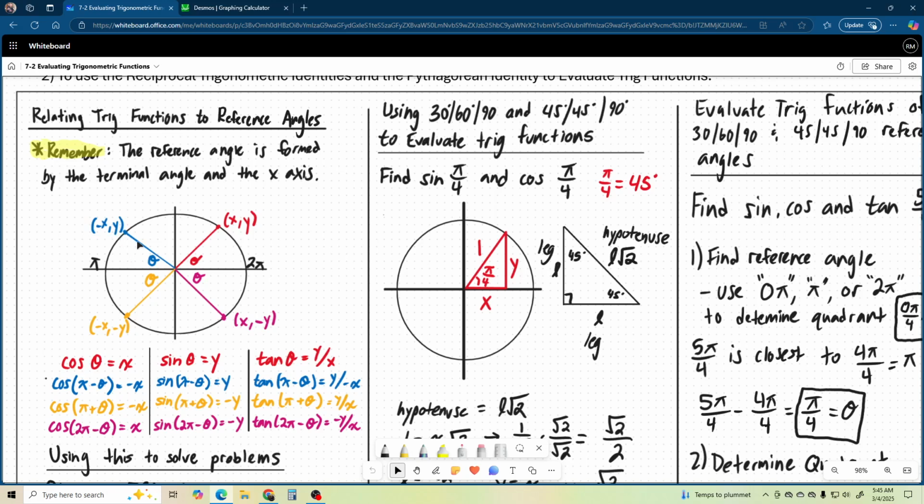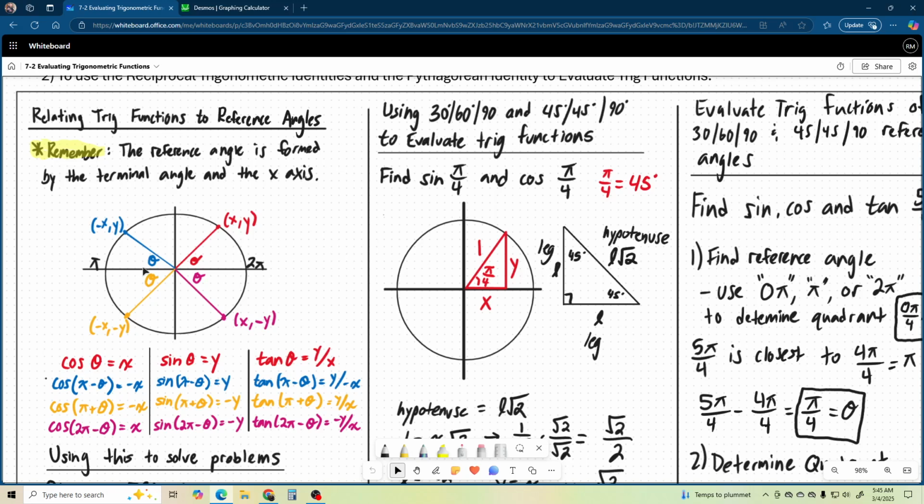Then when we move to this blue one, now we're referencing the negative side of our x-axis, and our theta is created by taking pi and subtracting it. So our angle in this case is pi minus theta. Our x is going to be negative, our y is going to be positive, and our tangent therefore would be y over negative x.